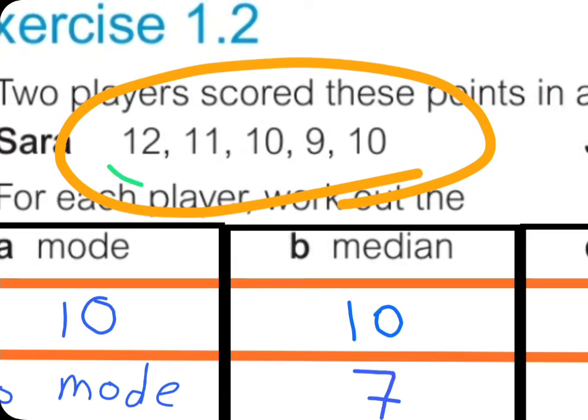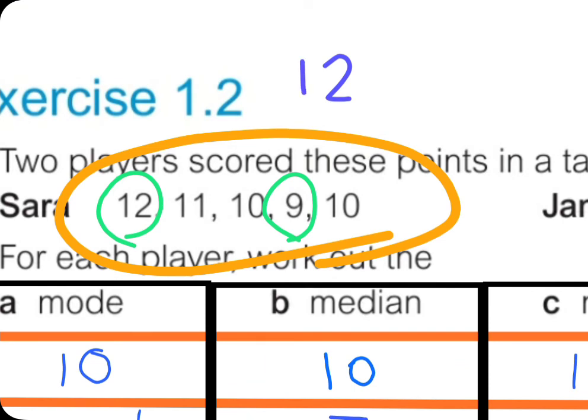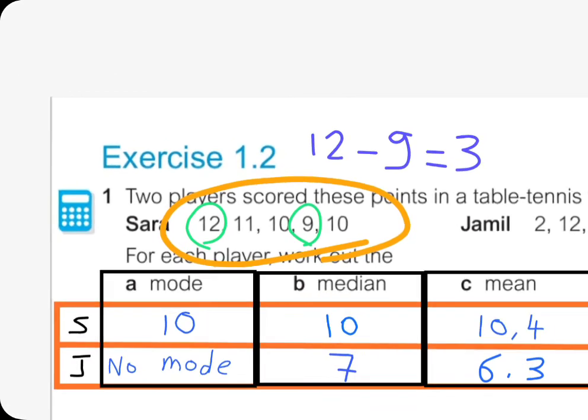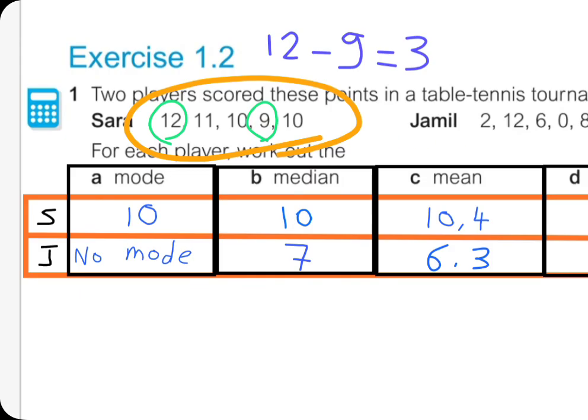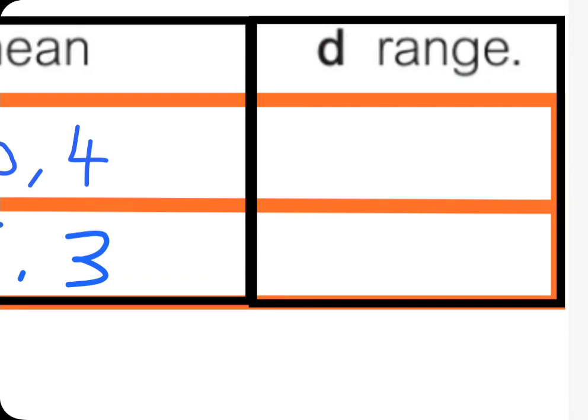It's 12. And the lowest one is what? Good job. It's 9. So you say it's 12 minus 9. 12 minus 9 equals what? Very good. It's 3. So the range for Sarah is 3. So we write it here.